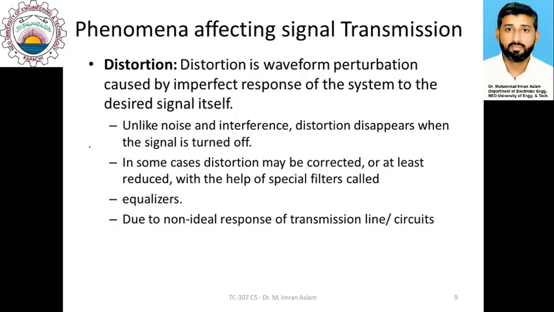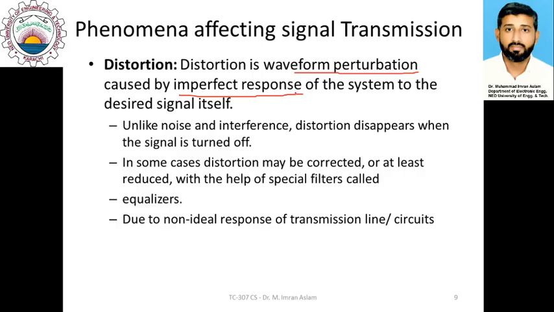So what is distortion? Distortion refers to the waveform perturbation or waveform changes which are caused by the imperfect response of the system. Because the systems that we make in the physical world have some non-idealities, generally their response is not perfect.